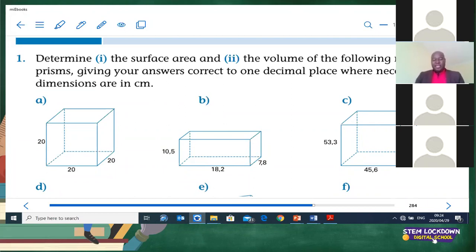B is different. And the difference is, in B, as Amo has just correctly said, you have the length, which is 18.2 centimeters, then you also have the breadth, which is 7.8 meters, then you also have the height, 10.5 centimeters.